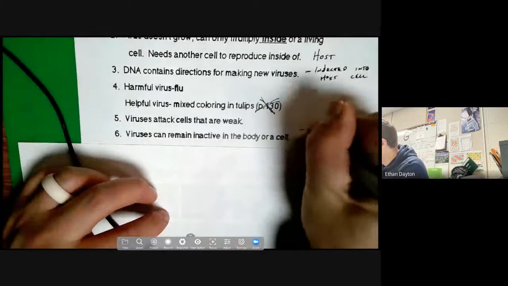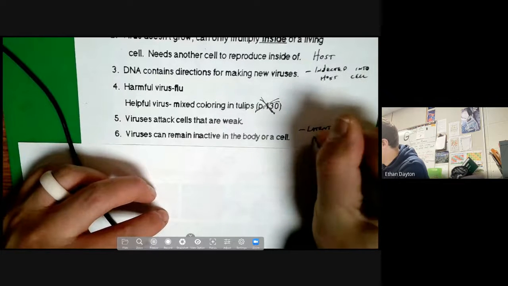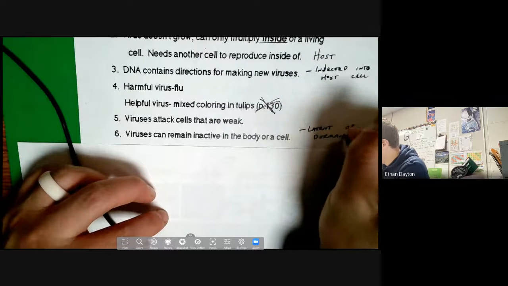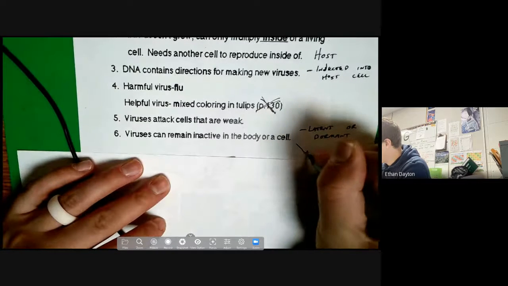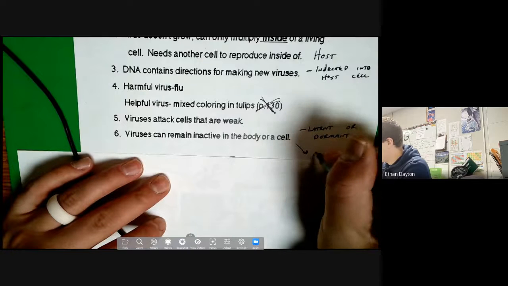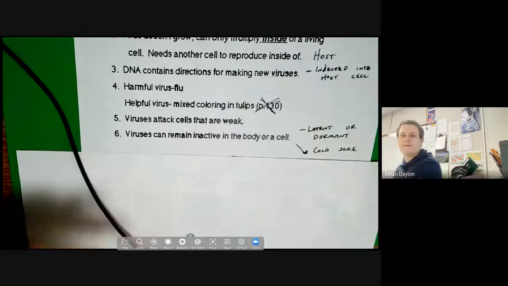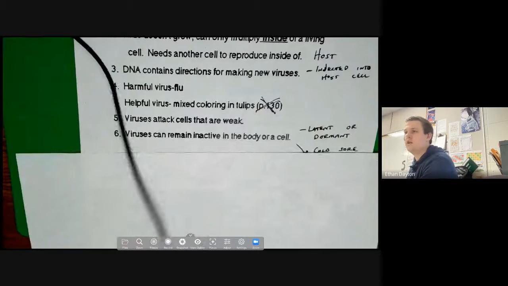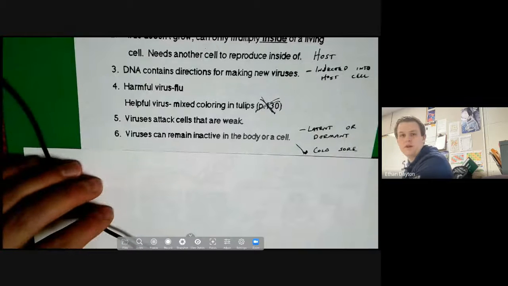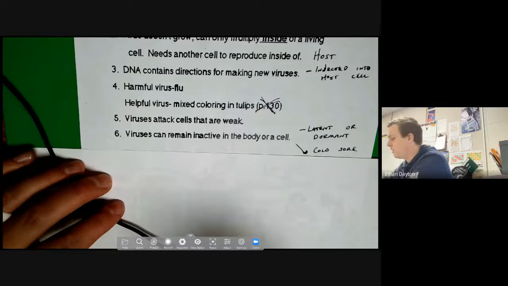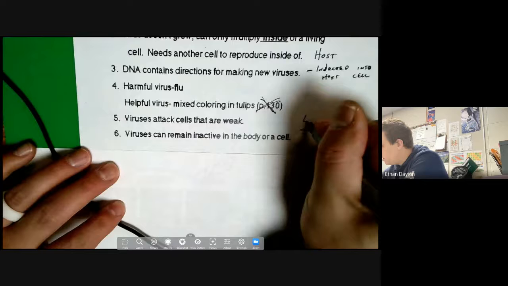Number 6, viruses can remain inactive in a body or a cell.